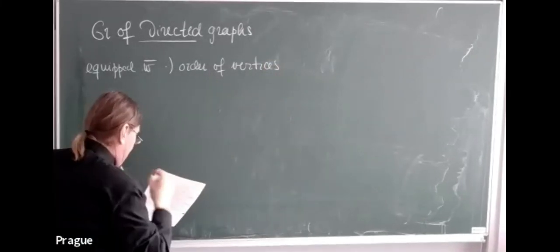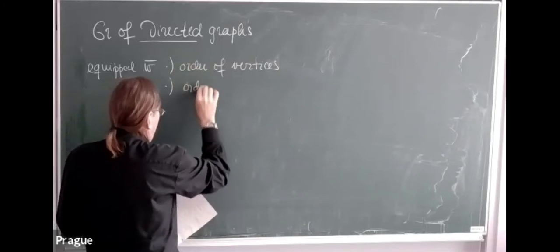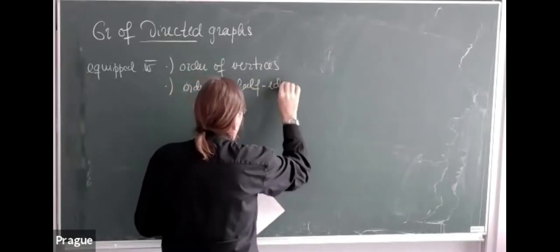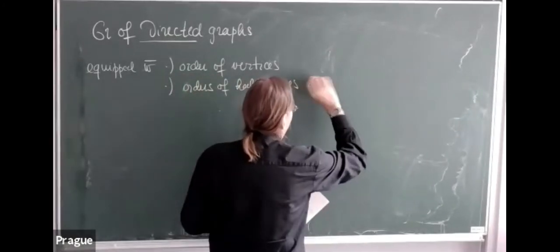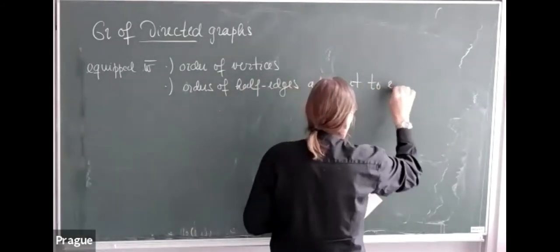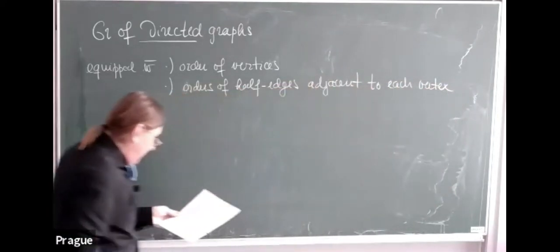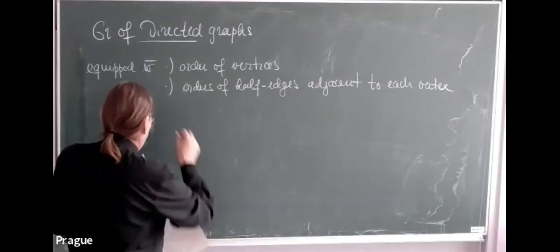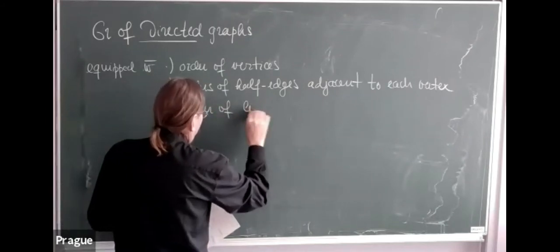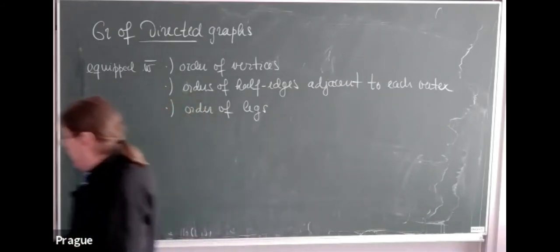They are equipped with local orders of half edges adjacent to each vertex. So don't panic, I prepared a very nice picture. I believe it explains it. And moreover, there is an order of legs. Okay, so now I'll try to move the camera.